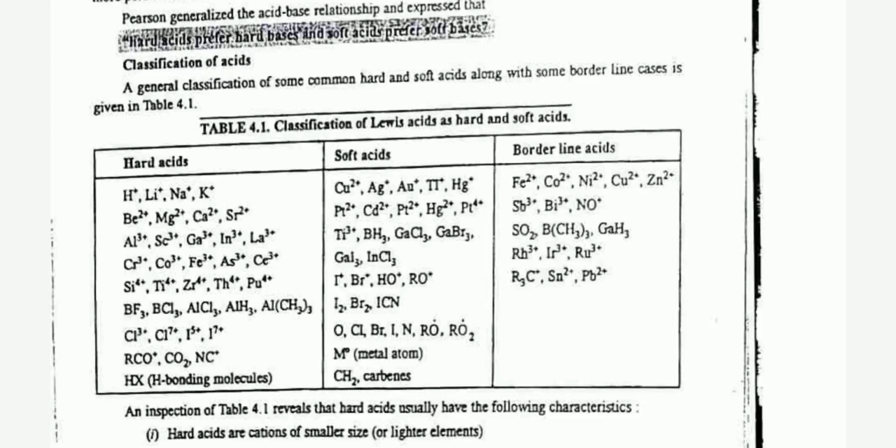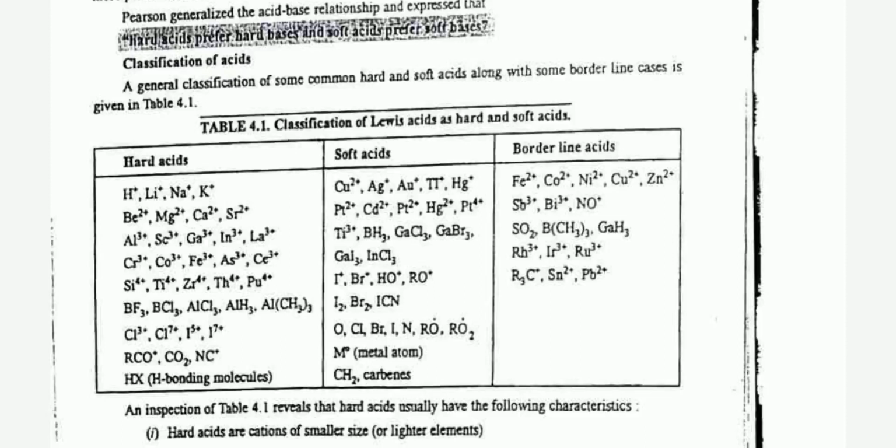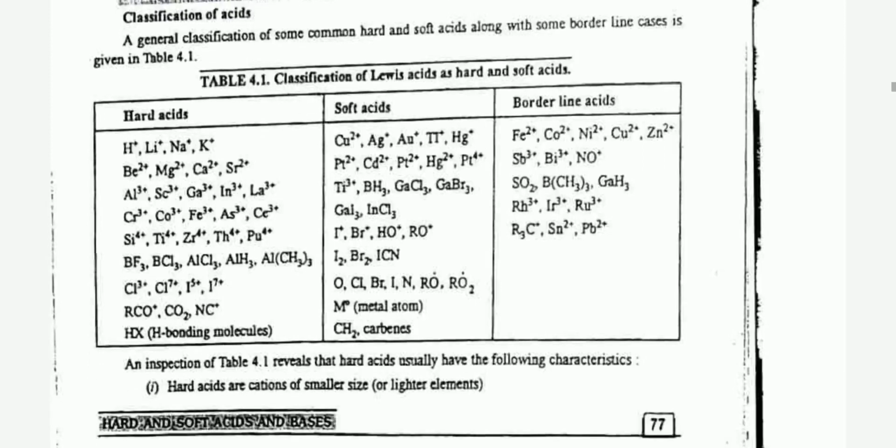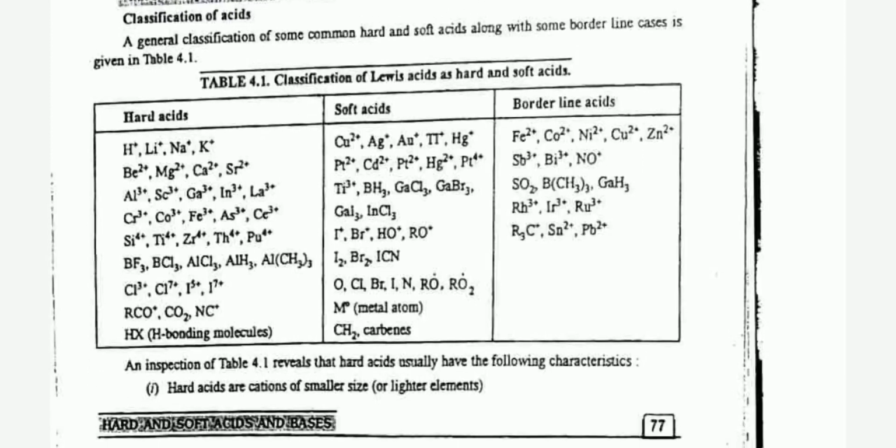Classification of acids: a general classification of some common hard and soft acids along with some borderline cases is given in Table 4.1. Table 4.1: Classification of Lewis acids as hard and soft acids.